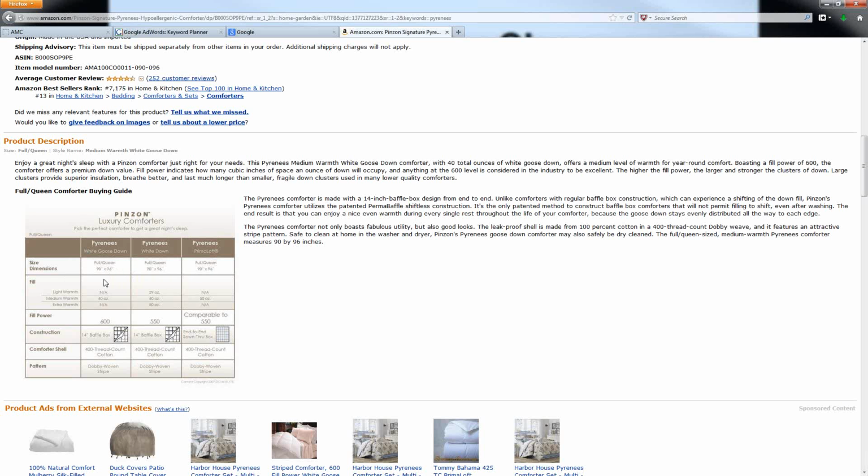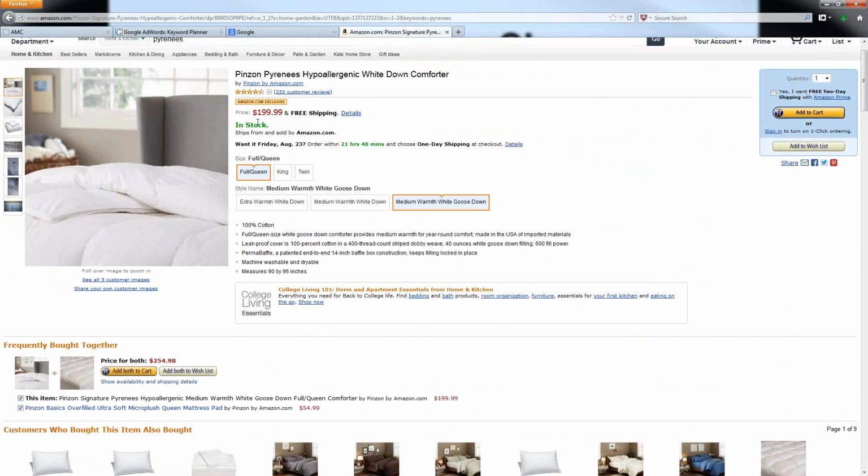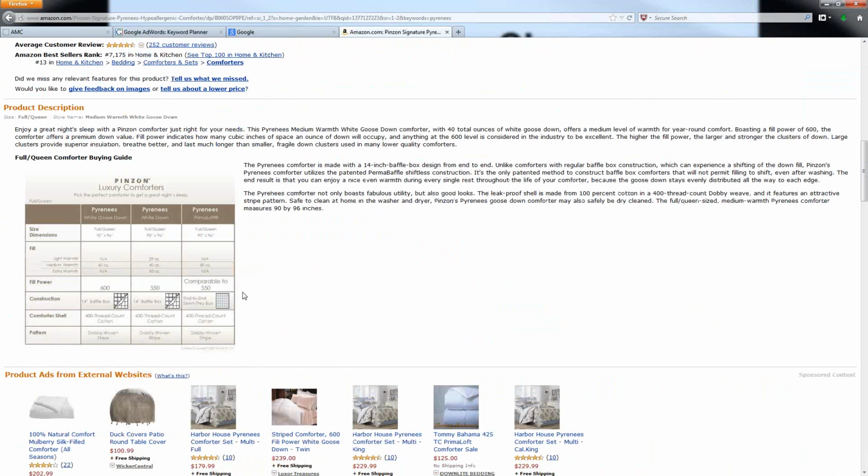So they actually provide the actual dimensions for these different sizes based on the size type that I have selected up top here. And then down below, they actually tell you for the different warmth styles for these comforters how much filling is actually in each of the different levels.